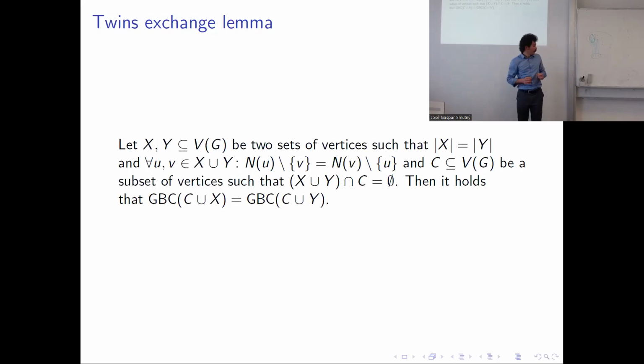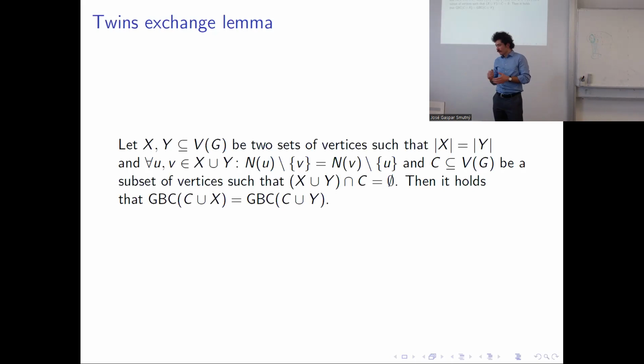Formally, we have two sets, X and Y, and for every vertex in them, we know that they share the same neighborhood, except for the connection between them. So we know that X and Y are either completely disconnected or fully connected. That's the only two options. They share the same neighborhood otherwise.